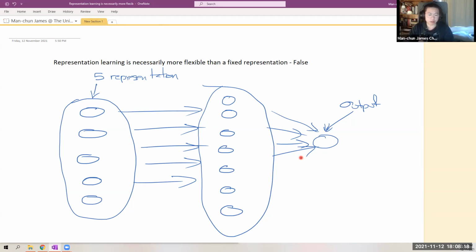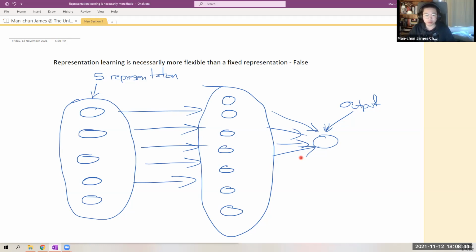In email, you may represent the object as the time the email was sent, who it was sent by, stuff like this. That's all representation is. When you're learning representations, you're just learning different ways of looking at the data set. So here we're learning 7 representations, so this will be more flexible, right?